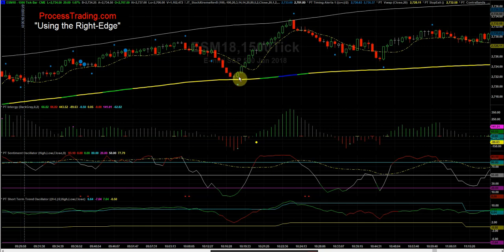And then the next candle engulfed the doji, and it was up to the long side. You don't need to use your technical analysis because process trading points it out and gives you the trade management technique for you.